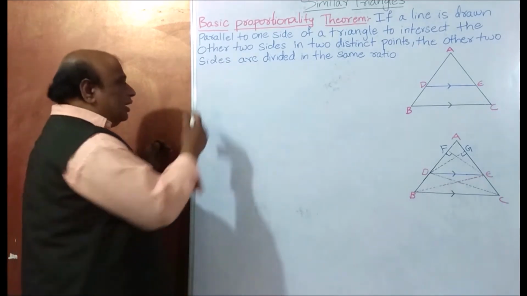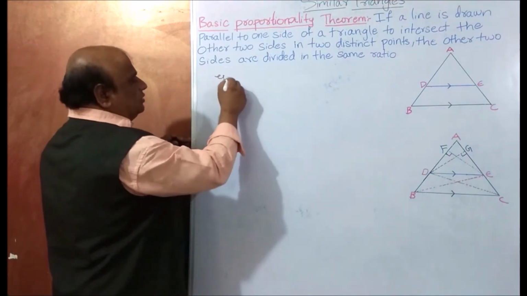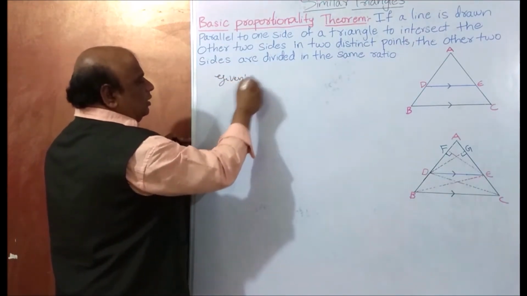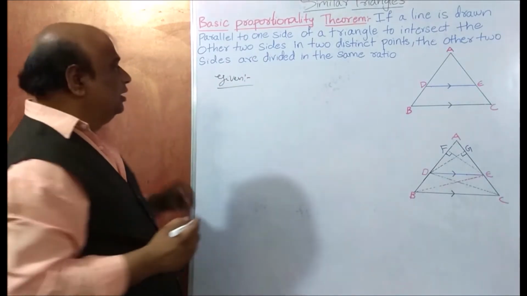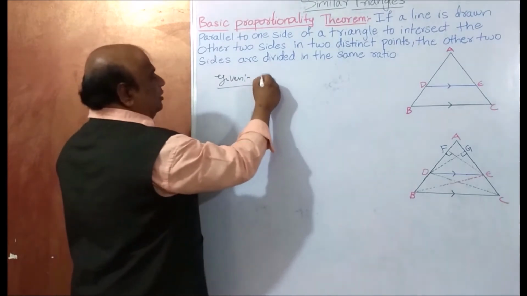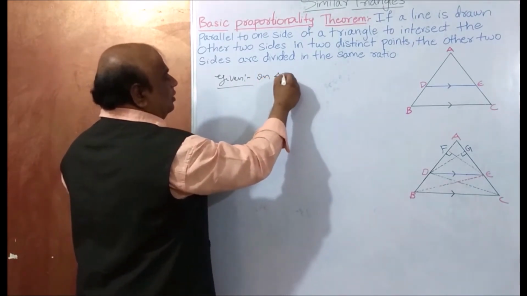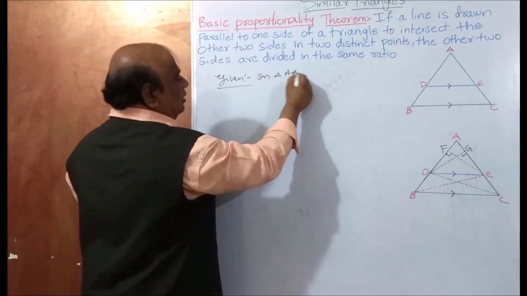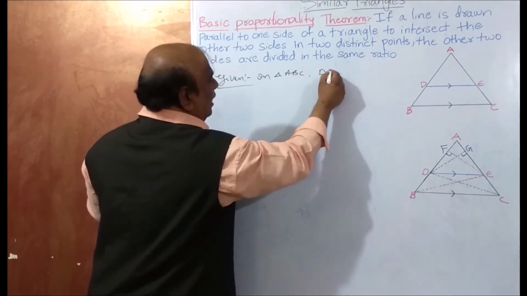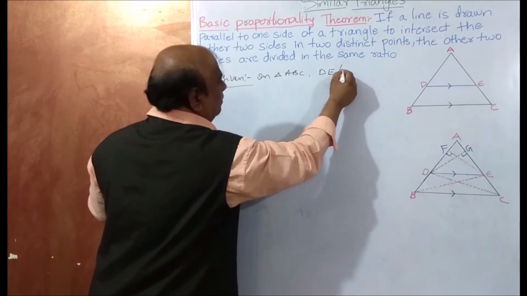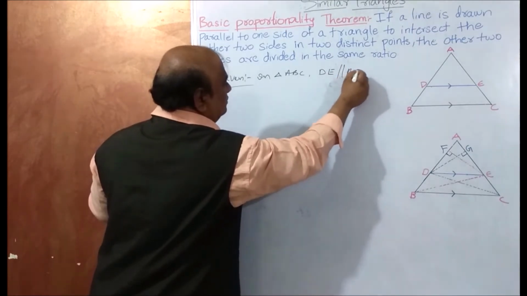First, what is the given condition you have to write? Given condition by using the triangle. In triangle ABC, DE parallel to BC.